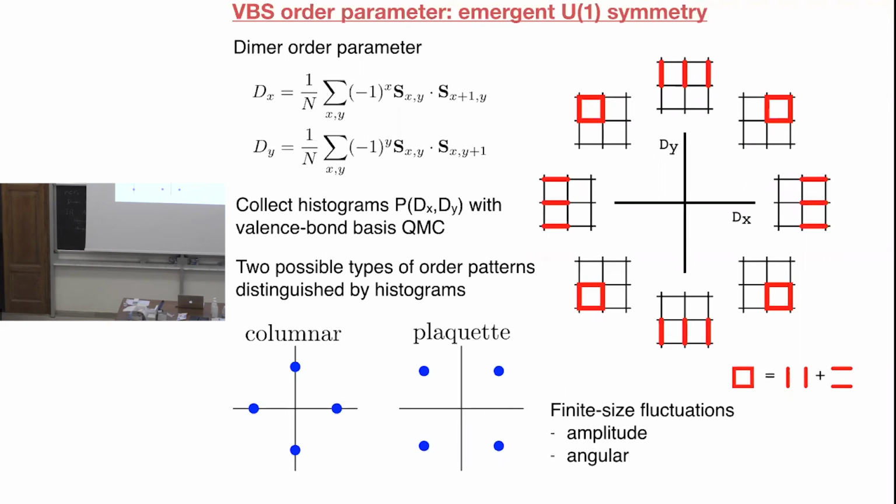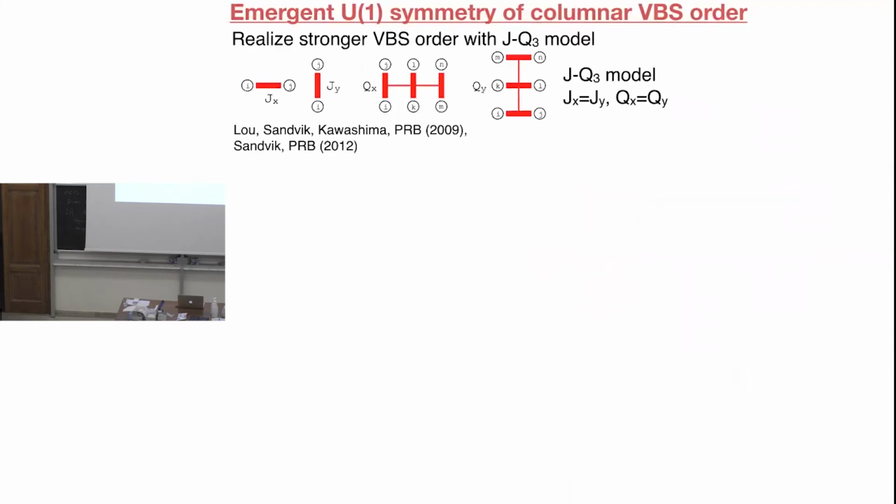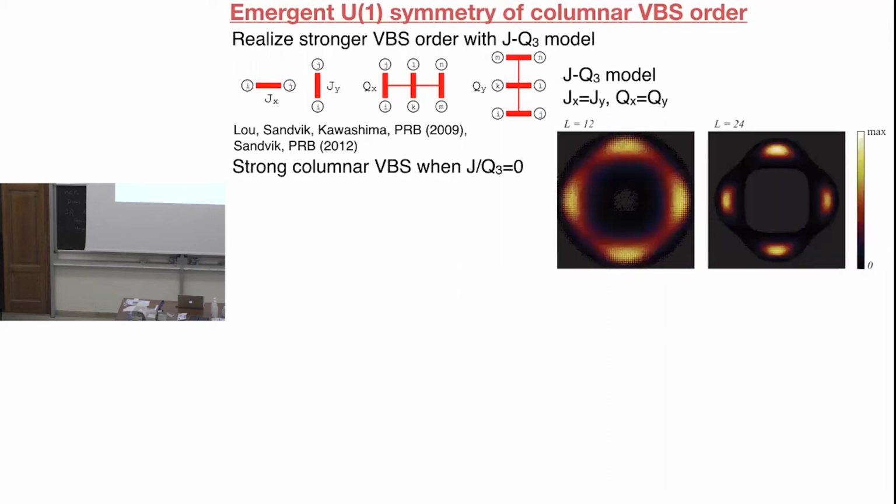But now we have 2 dimensions, so we have amplitude and angular fluctuations. So now let's look at some results. Initially I did this in the JQ2 model, but later we also looked, already some time ago, at the JQ3 model, which has a stronger VBS state, so it's sort of easier to see.